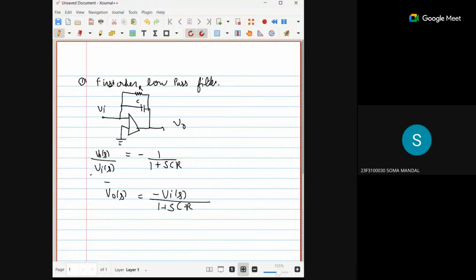Okay. Which week are you doing? Week 6. Yeah, week 6. Week 5, that first order low pass filter. Have you read it? Today we have to do week 7, no? No, we have to do the first order low pass filter, second order low pass filter, and some tutorial questions. Sir explained this week 5 and 6.